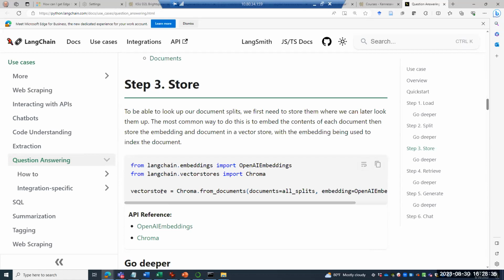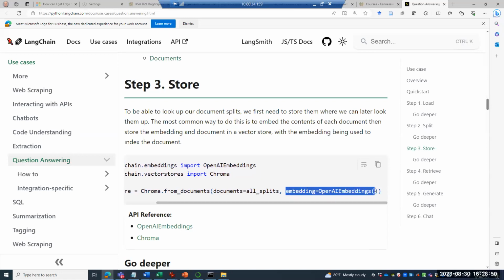Then there is something called a vector store. You could use this vector store to store the data. Here is the main issue: there is something called embeddings. Embeddings is basically a feature representation.